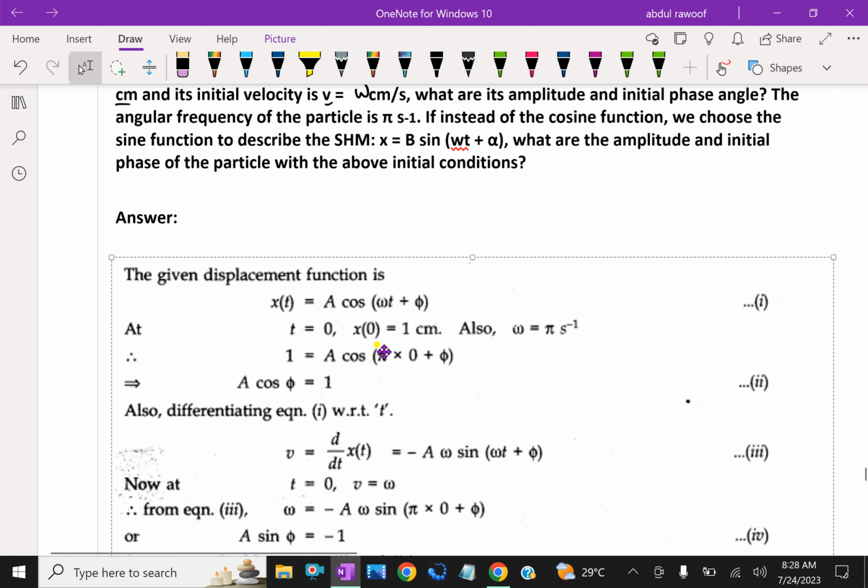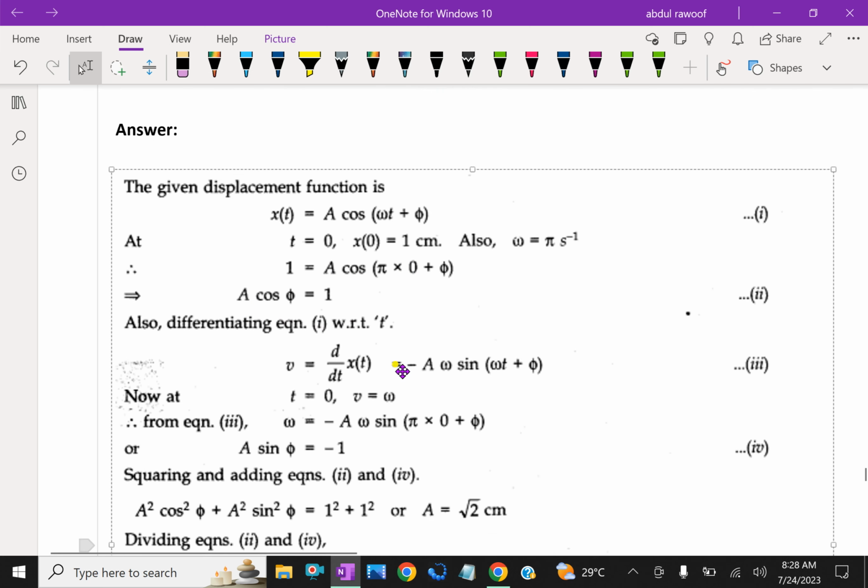Also differentiating equation 1. Equation 1 is x_t = A cos(ωt + φ). Differentiating this, dx/dt, that is v, is minus A ω sin(ωt + φ).